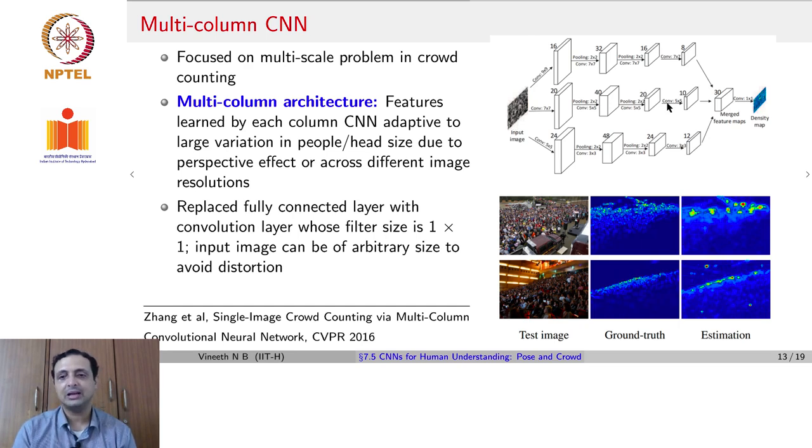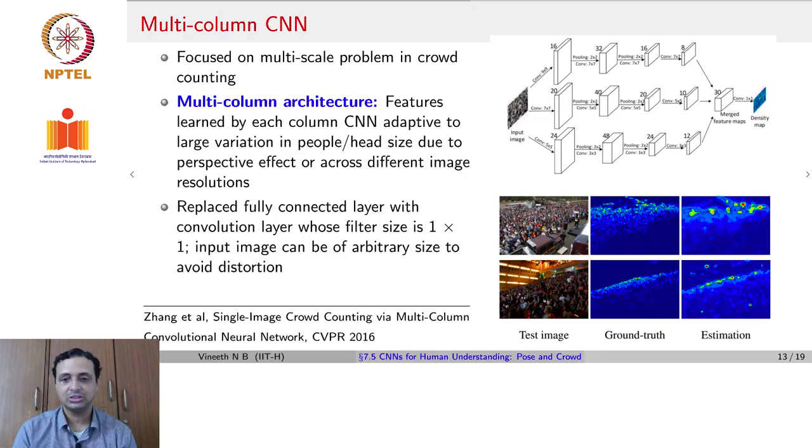And this helps get a better performance towards the end, where after the last layers of each of these pipelines, the feature maps are merged, and then you have a conv 1x1 layer to get a density map at the same resolution as the input.